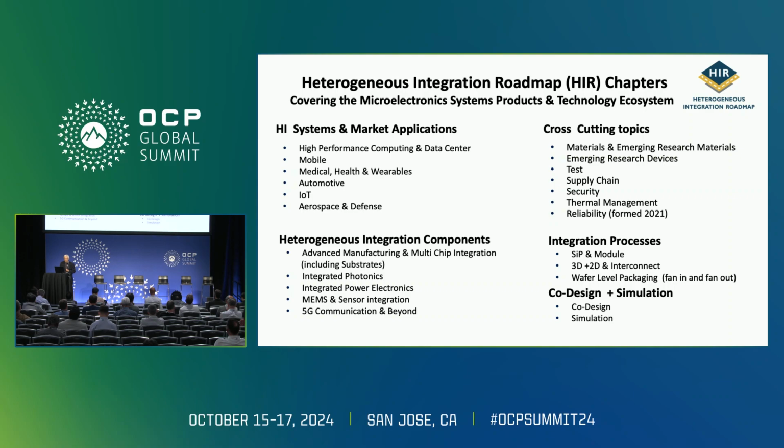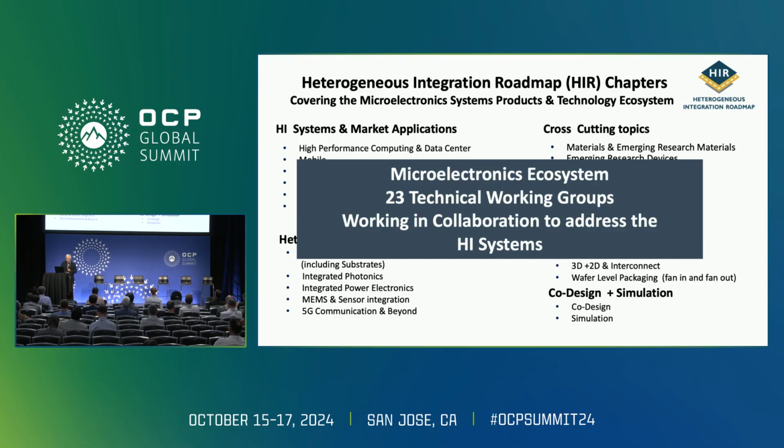So we have these 23 technical working groups, each staffed, when I say staff, wrong word, by volunteers. And they are composed of what? Our ecosystem together. All of us together are part of this total ecosystem.